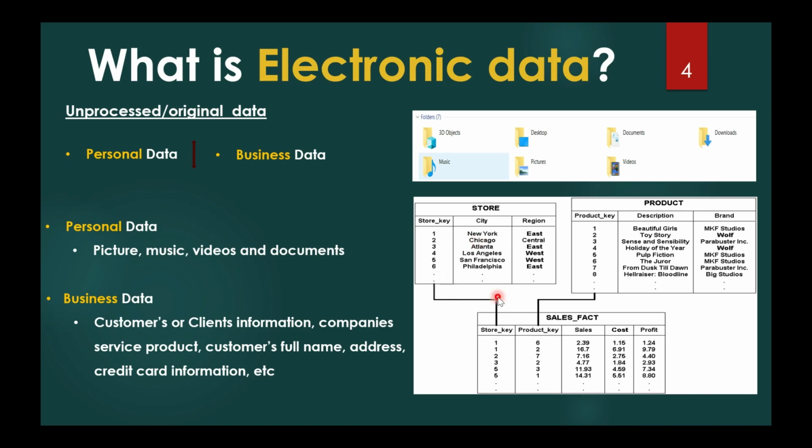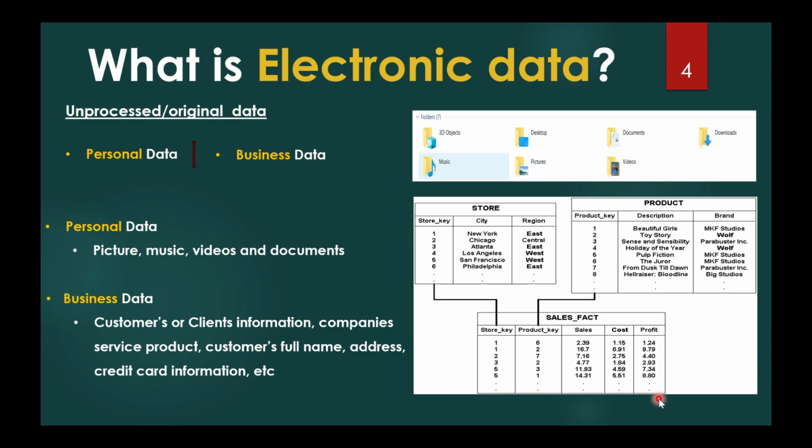But here is what the company is doing. A relational database management system means you break data down into specific tables. One table contains only store information, and this table contains only product information. And notice there is a link.